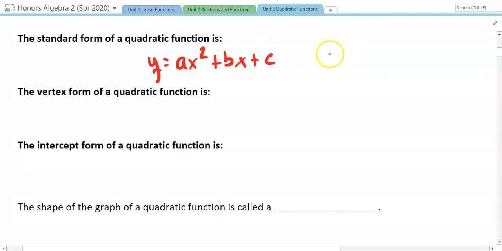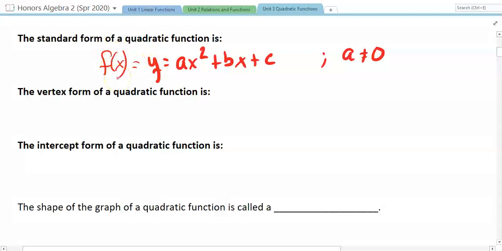One stipulation to this formula is that a cannot be 0, because if a is 0, then this whole term just goes away and we're down to a linear function. It's not quadratic anymore.